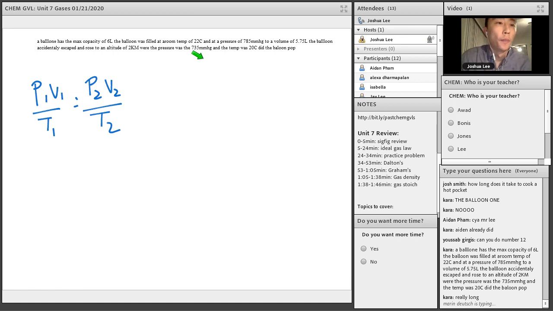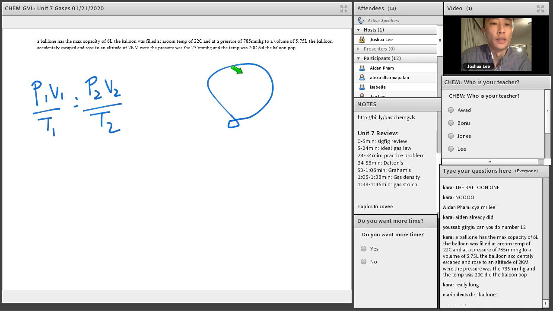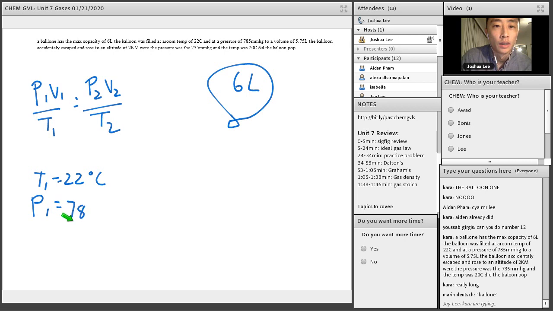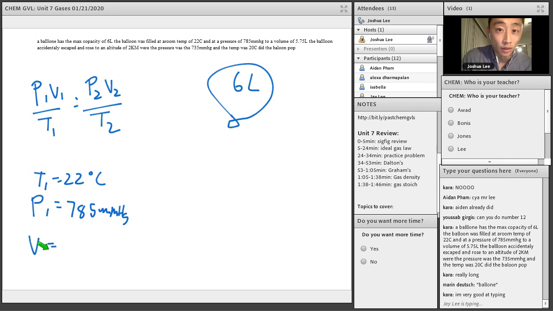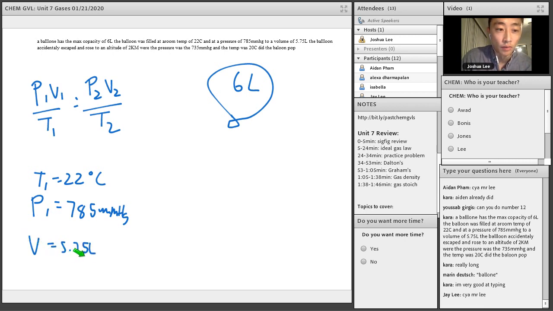All right, so you have a balloon, and the max volume is 6 liters. And the balloon was filled at room temperature. So temperature is 22 degrees Celsius. Pressure was 785 mmHg. And the volume was 5.75 liters.